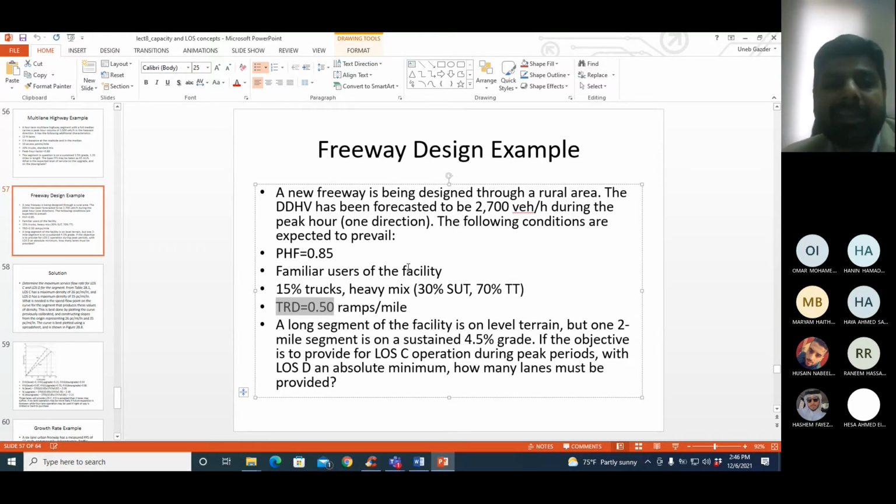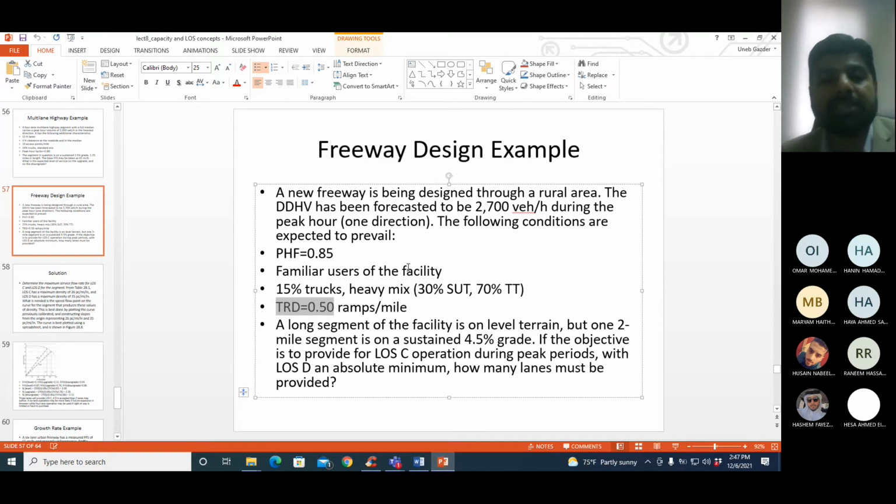In this case, the client is not telling me anything. There's no restriction from the client, right? So I will assume that I have taken the standard value of lane width and I will provide a standard value of lateral clearance. In that case, you don't need these factors.